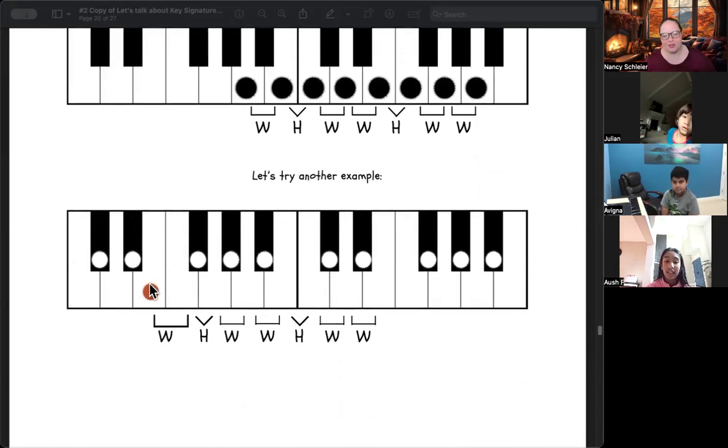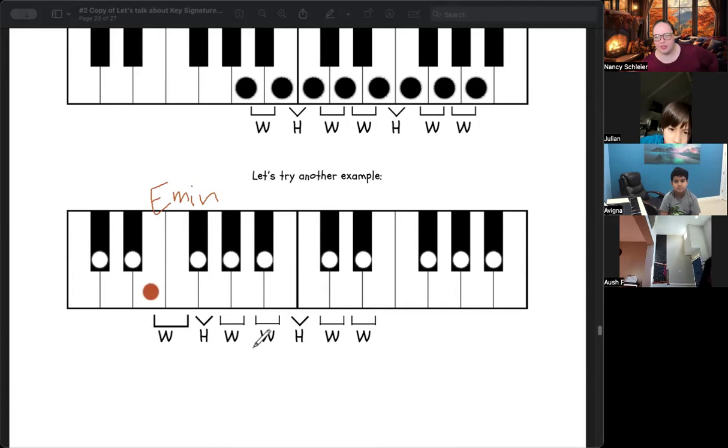All right, so E is our starting note. So this is the key of E minor. Okay, we're going to go up a whole step. So what would be the next note in our minor scale? Who knows? Julian, do you know?